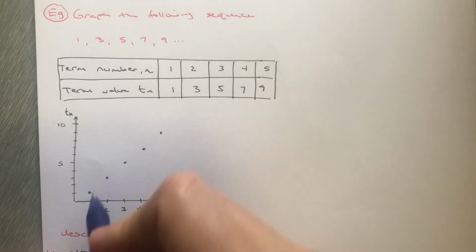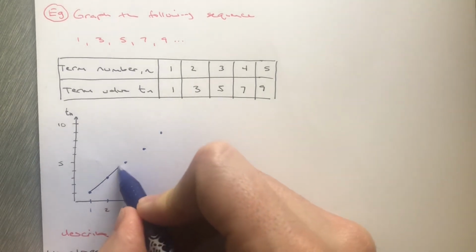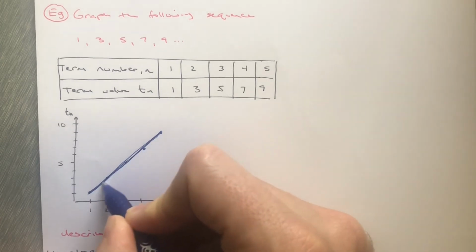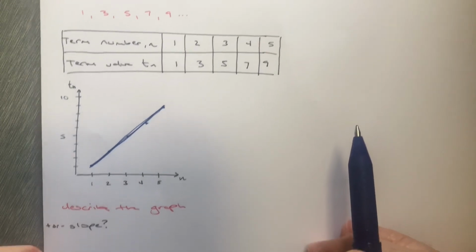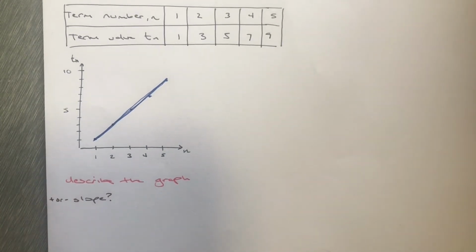Do we see how all our dots seem to be in a straight line? If it's an arithmetic sequence and you graph it, they should look like they're in a straight line, just like that. One of the things that you might be asked to do after graphing is describe the graph. The main thing you need to do is say whether it has a positive or negative slope.